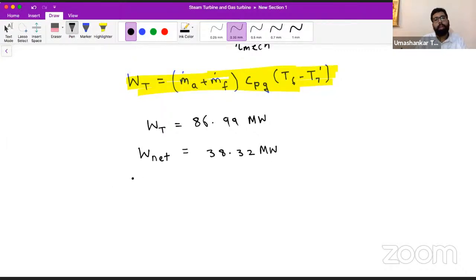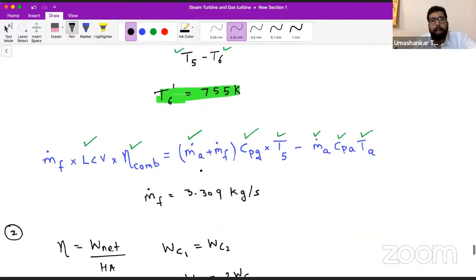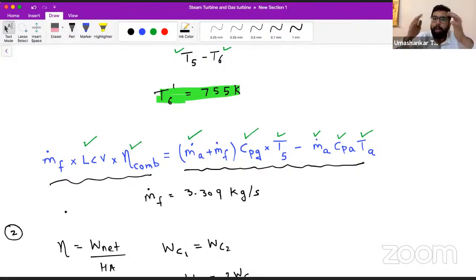Now we have the work net, so we have to find the net heat addition. Whatever you feel comfortable in, either you can use this part. This is also the net heat addition, and this is also the net heat addition. You are just balancing the energy.